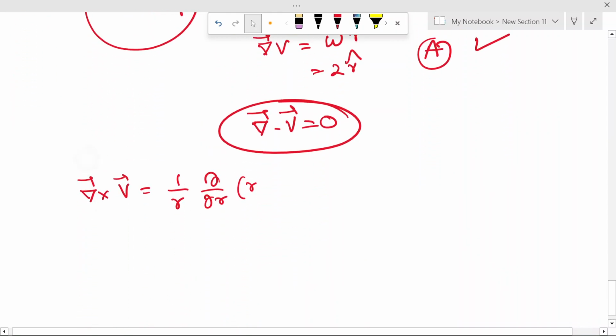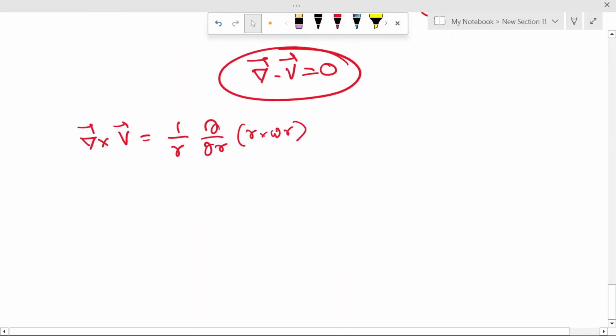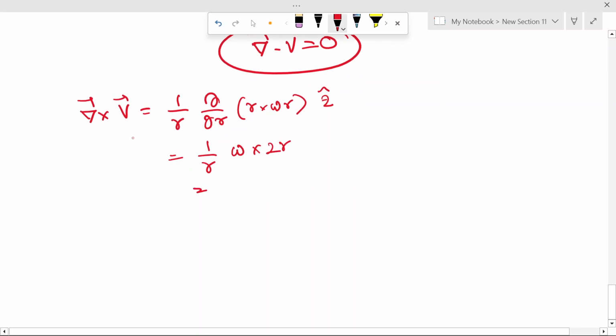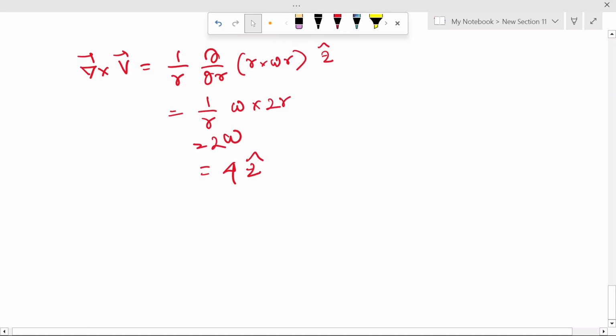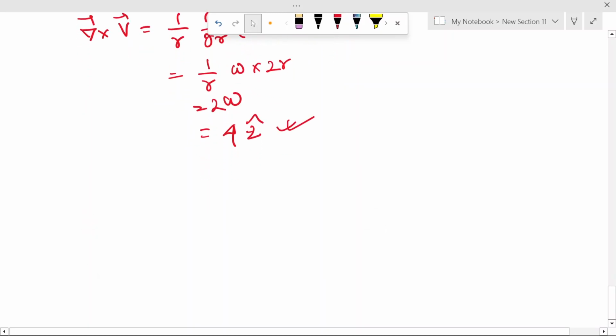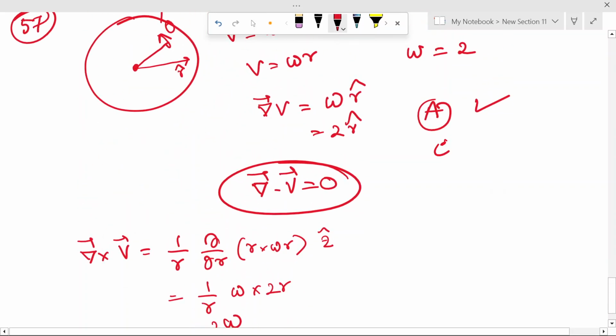That means omega R into omega R into minus del into Z cap. So it is 1 by R omega into 2R square, which is 2R, so it is 2 omega. When omega is equal to 2, it is 4 Z cap. This has been given as the answer. Correct. So option C is also correct.